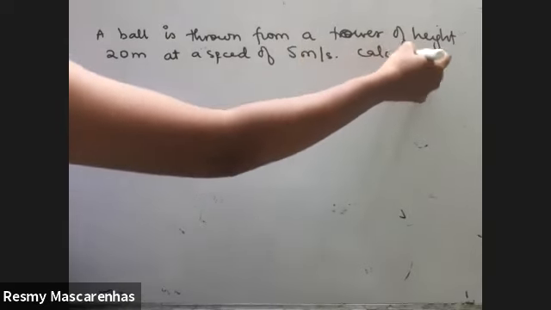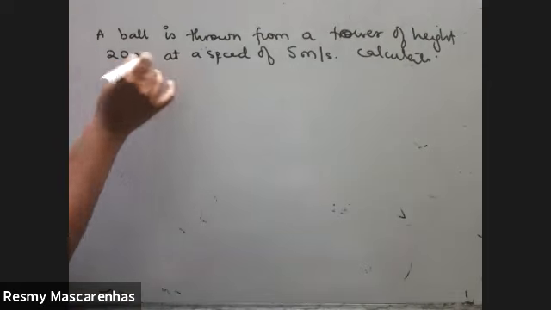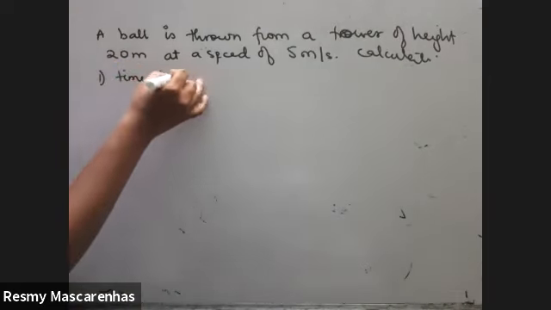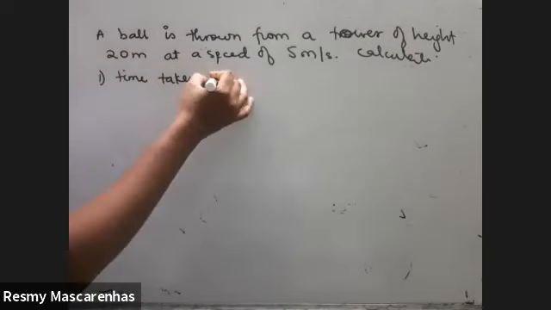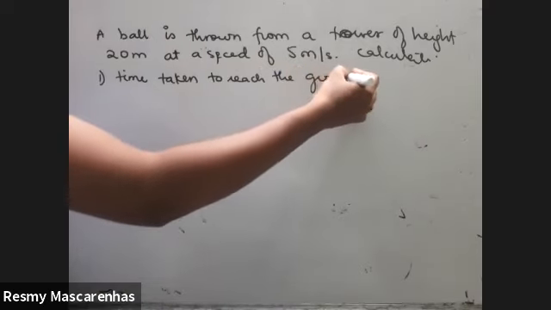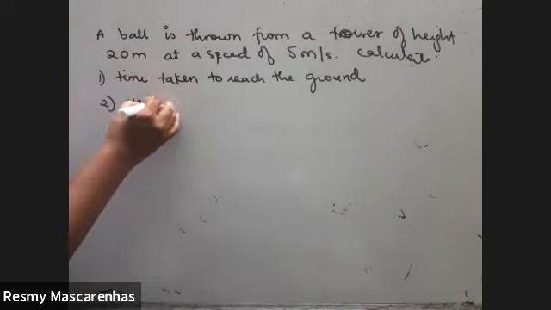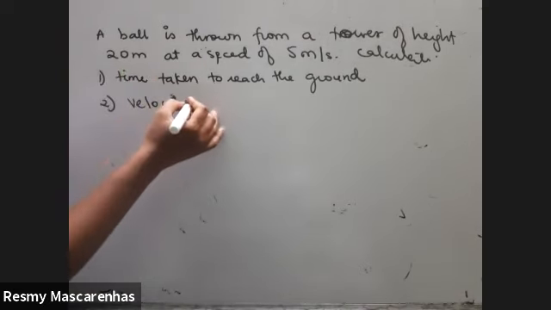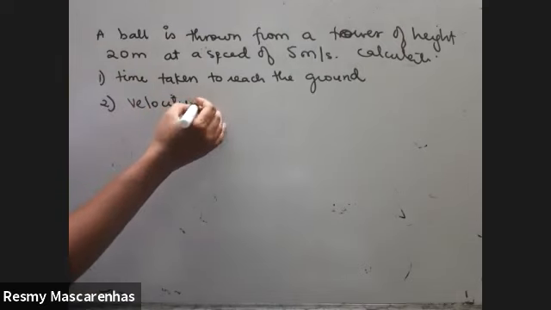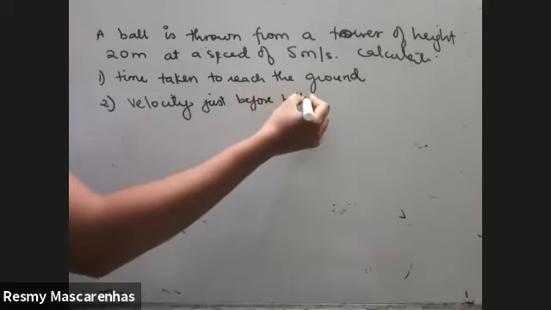Calculate, first, the time taken to reach the ground. Second, the velocity vector, or velocity, just before hitting the ground.